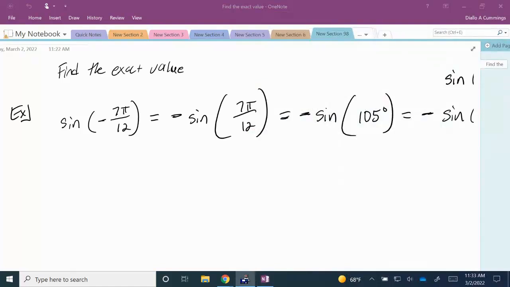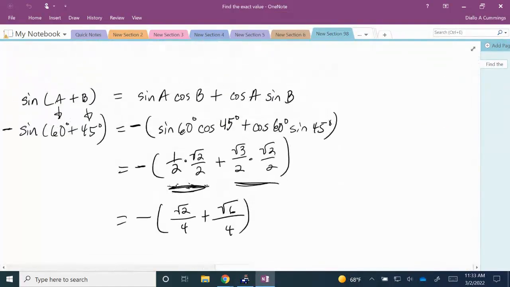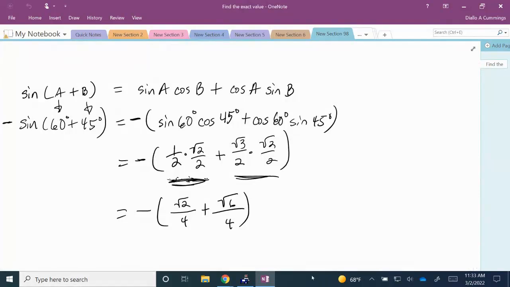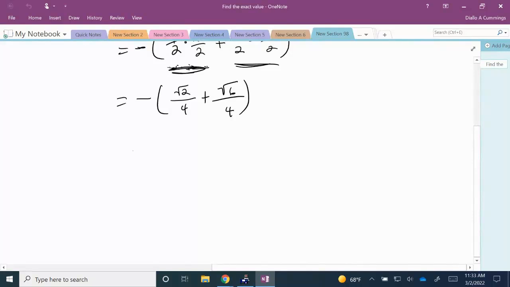And next I'm going to put in the values that we calculated. OneNote's been crashing. I don't know what's wrong with OneNote.